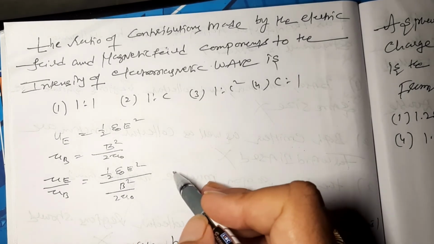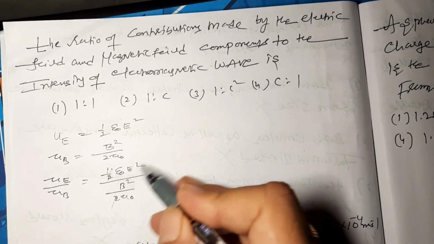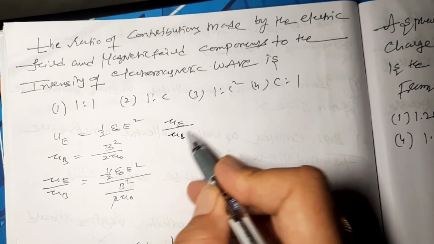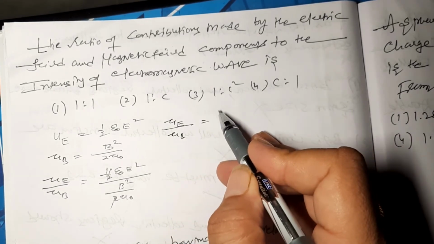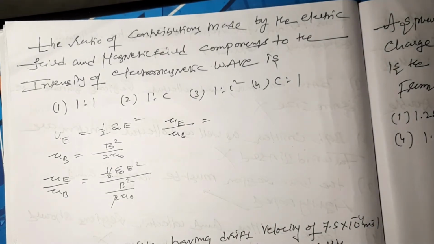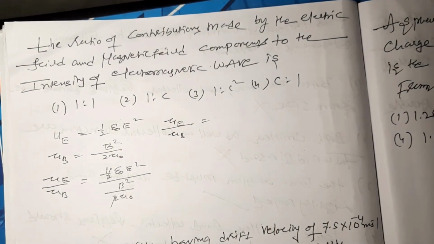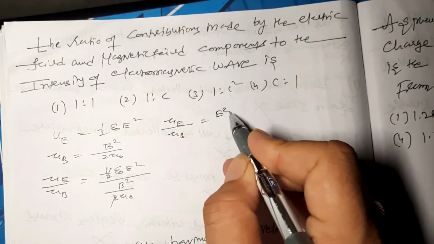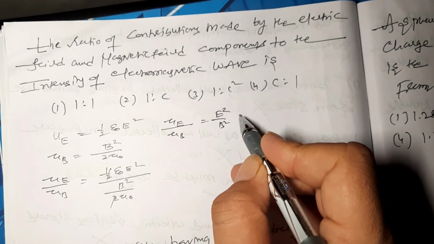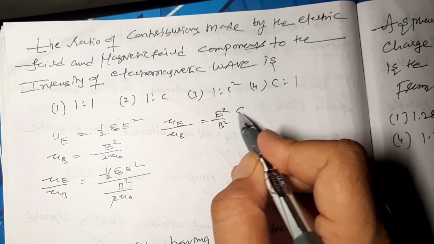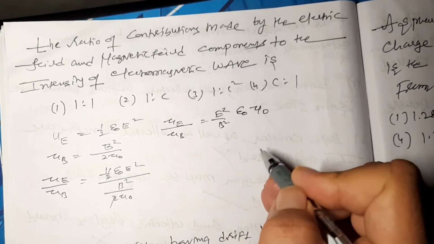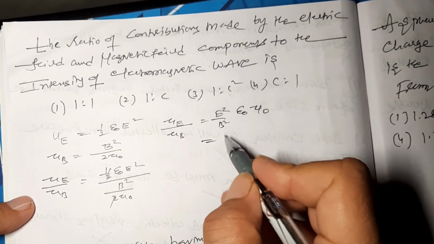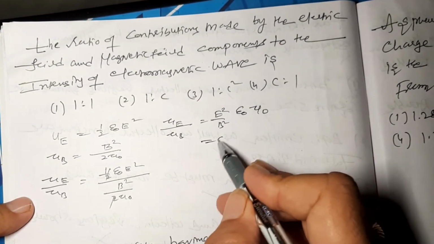Okay, the 2 cancel. UE by UB is equal to E square by B square into epsilon naught mu naught. We know that E by B is equal to C, so E square by B square is C square.